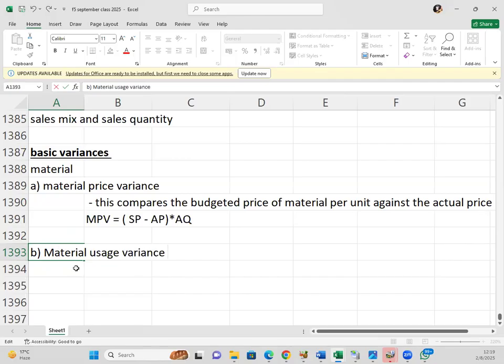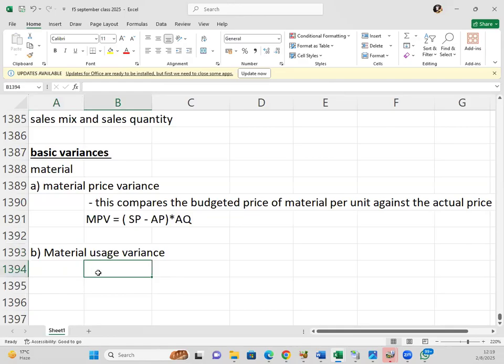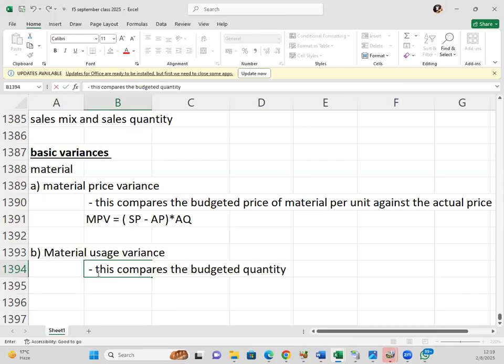For the usage variance, this is looking at the quantity that we were expecting to use against what we ended up using. So this compares the budgeted quantity for the units produced against the actual quantity.